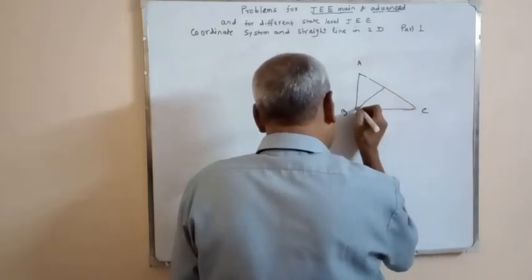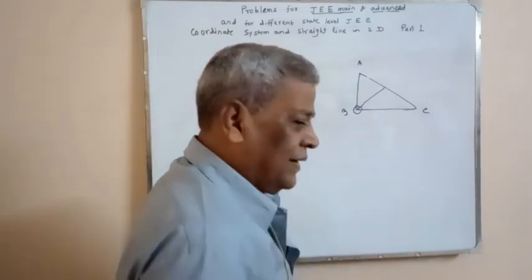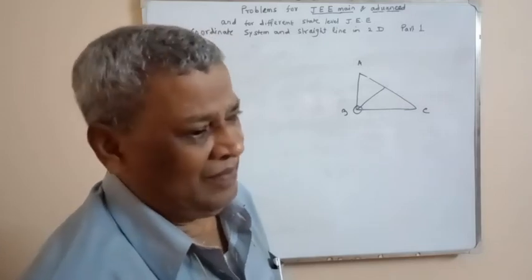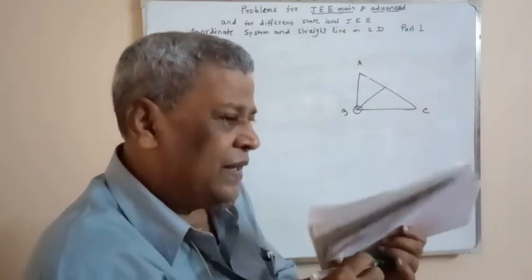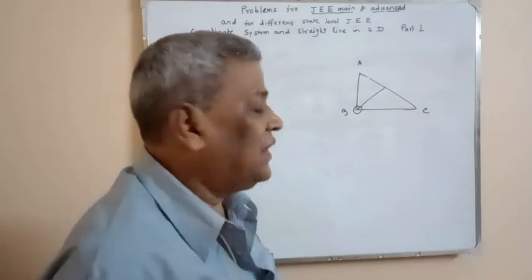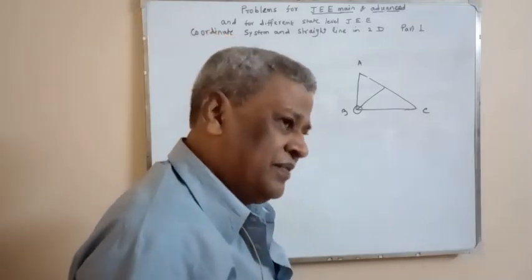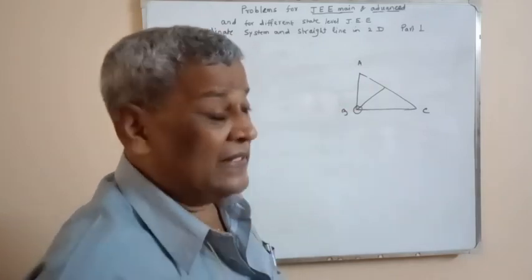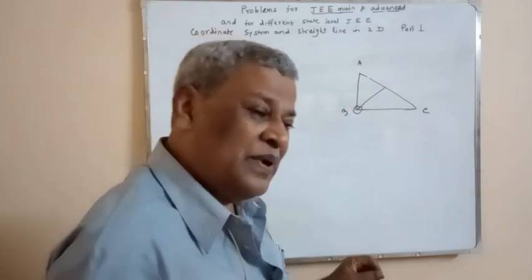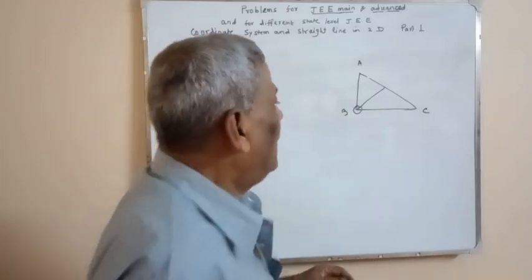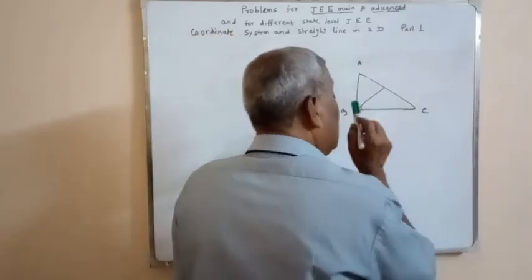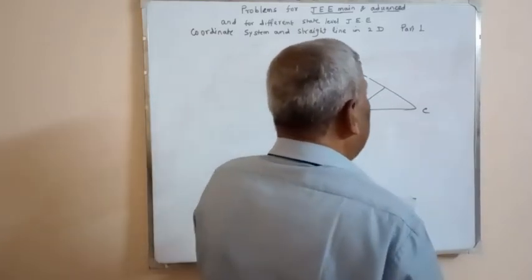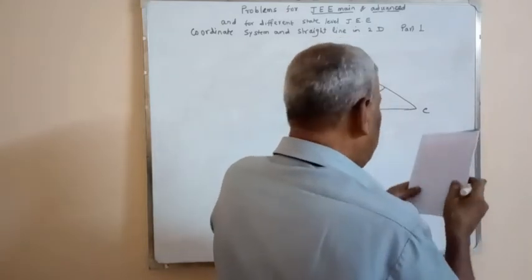These three perpendiculars meet at a point. Which point? It is the vertex containing the right angle. This is also very important. Sometimes a triangle will be given which is a right angle triangle, and we are asked to find the orthocenter. If we can somehow manage to see that it is a right angle triangle, then the vertex containing the right angle is the orthocenter of the triangle.